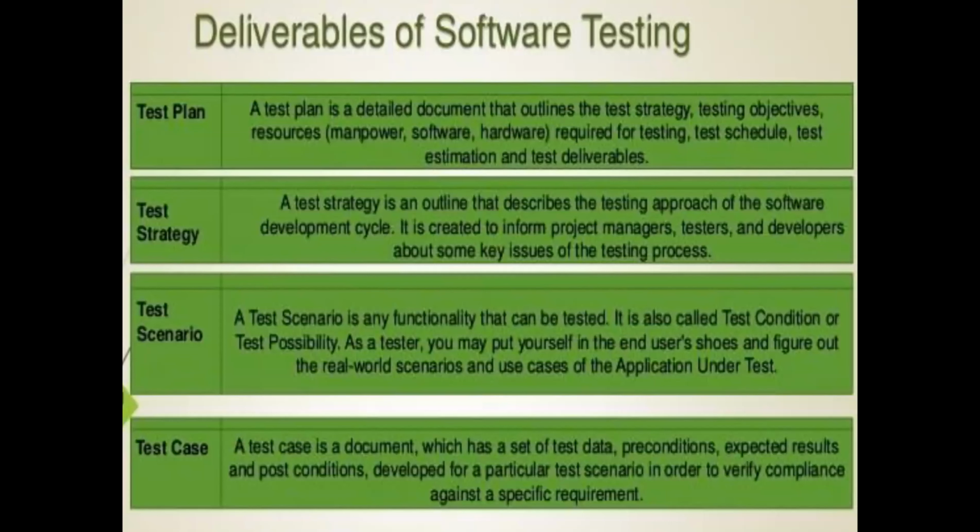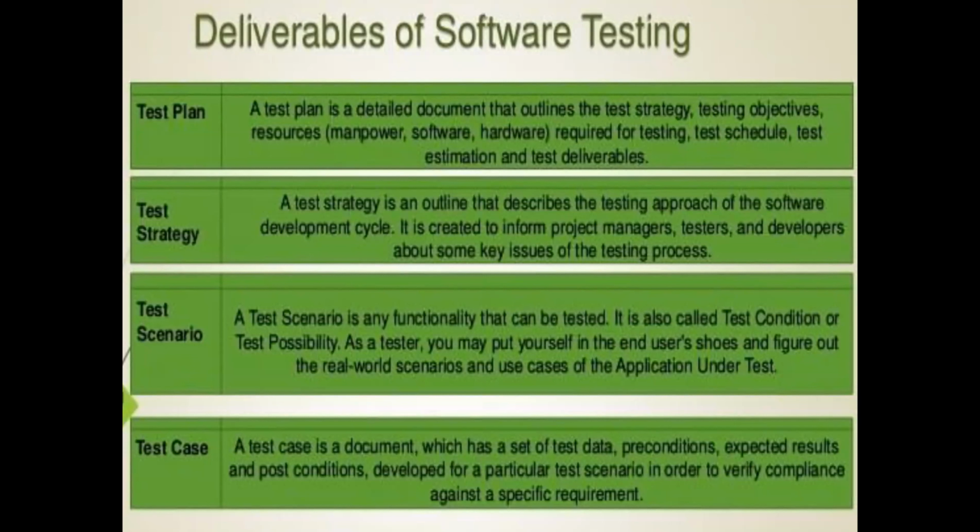To differentiate the major differences between test plan, test strategy, test scenario, and test cases, as we already discussed in module 1, we know very well test strategy. The test strategy is an outline that describes the testing approach of the software development cycle.